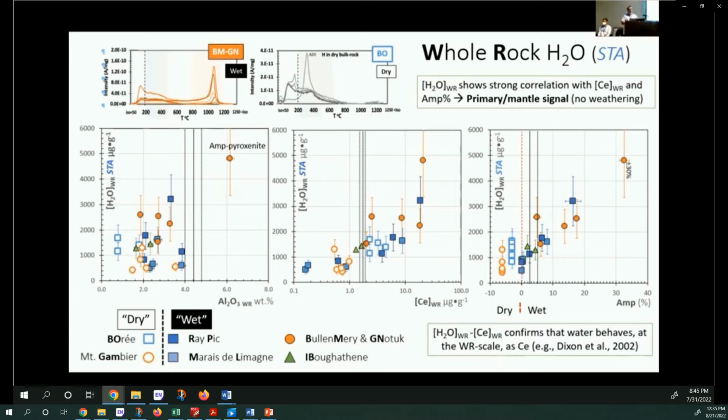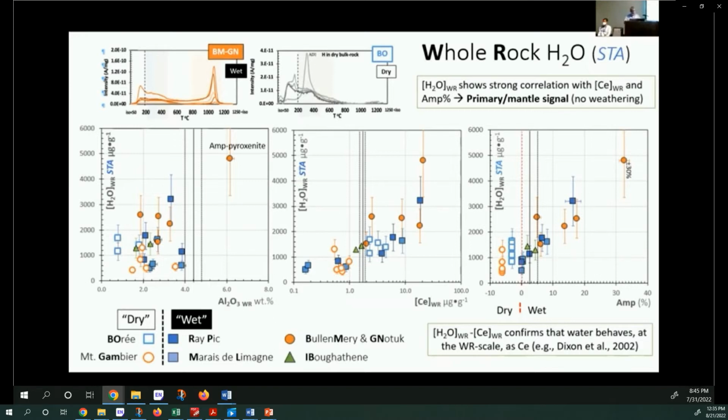correlated to the concentration of incompatible trace elements, and here you see cerium, but it's correlated to many others. So that means, first, that the strong correlation indicates that water abundance in the auroch is not due to secondary process or weathering, and second, that water is indeed behaving as cerium, at least at the auroch scale.